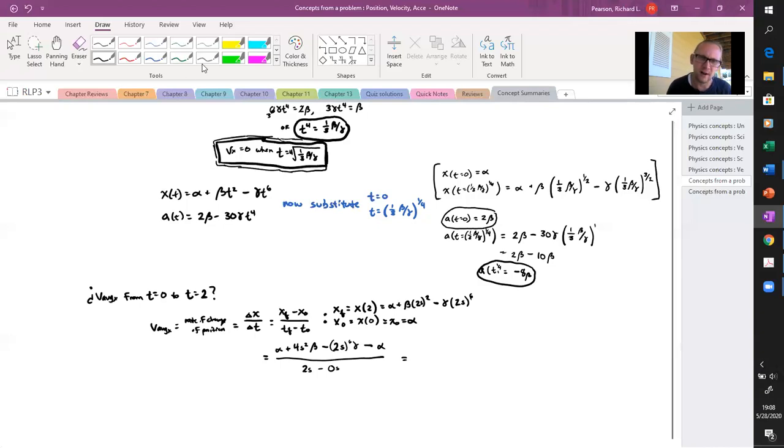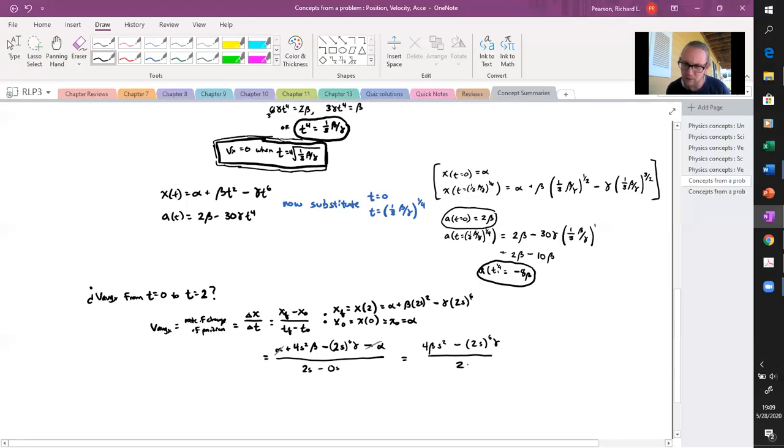Notice now that our alphas cancel out because of that negative there. And so we are left with something that looks like this. 4 seconds squared times beta minus this quantity 2 seconds to the 6th times gamma all over 2 seconds. And that is our average velocity in the x direction.